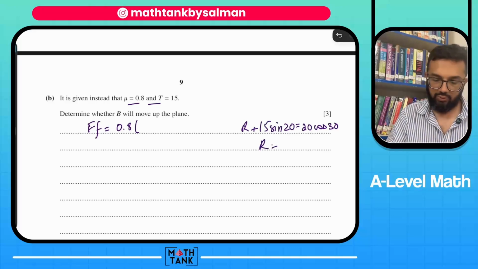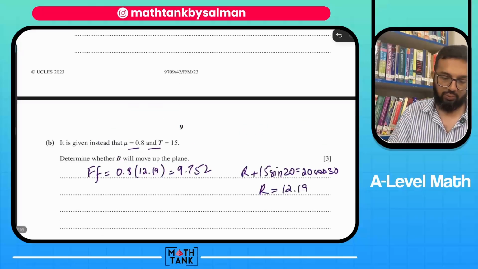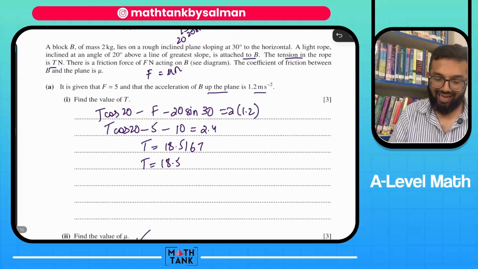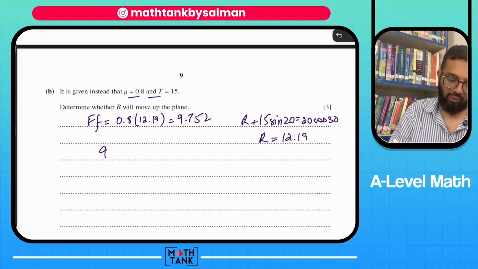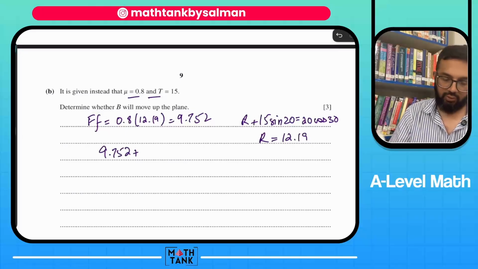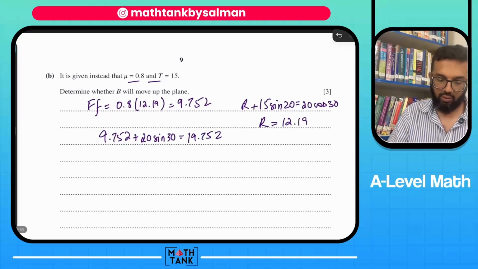So R is 12.19, and 0.8 times that is 9.752. Okay, so that's the frictional force. It's acting alongside the weight component, which is 20 sine 30, so the total is 19.752.